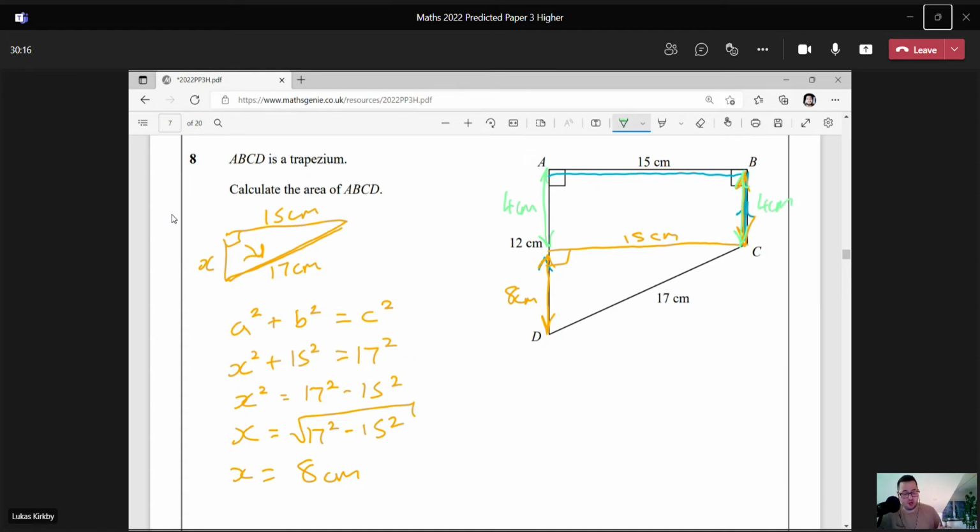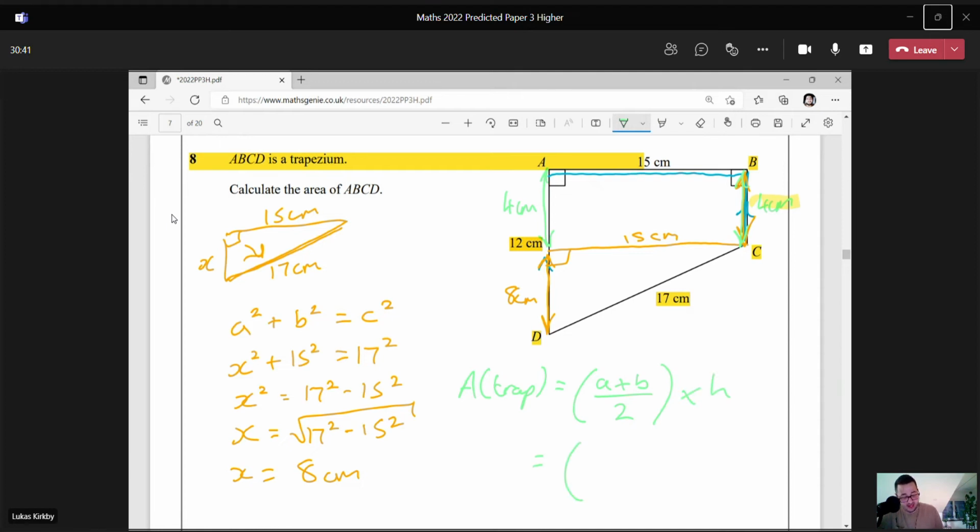Okay, great. So now we've got our trapezium. This side is 12, this side is 4, and the height is 15. So let's work it out. The area of a trapezium is a plus b, the parallel sides, divided by 2, so you're finding the average, and times the height.